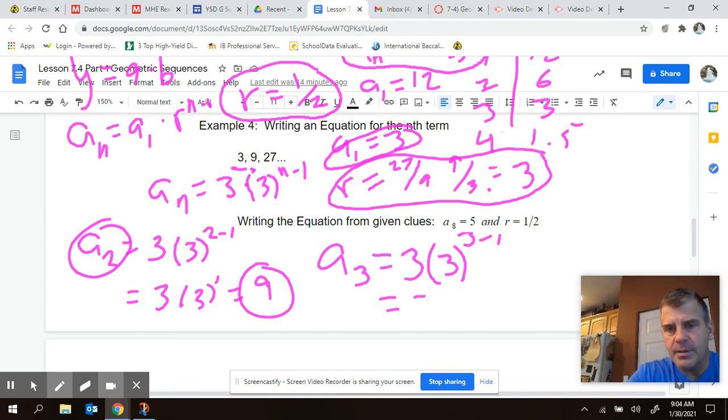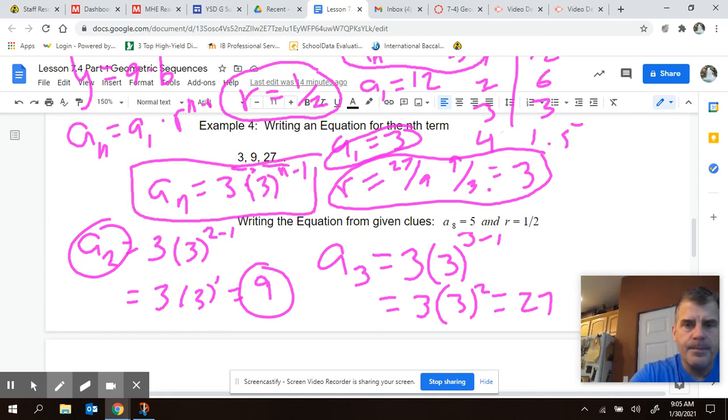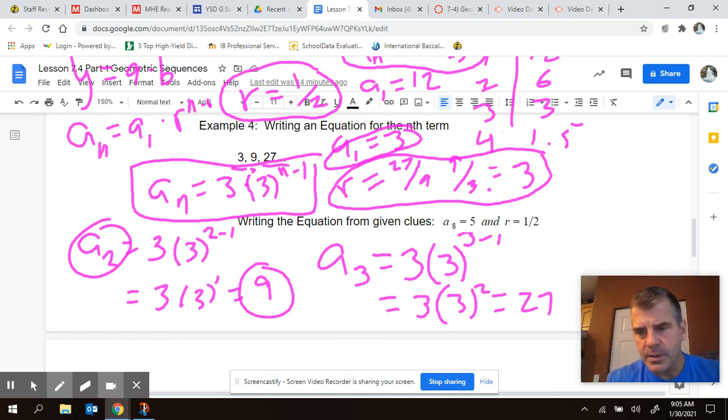That math gives us 3 times 3 squared. 3 squared is 9. 9 times 3 gives us that 27. So sure enough, this formula right here, let's box it in. It was found from its first term, its common ratio, and then it actually generates the sequence.